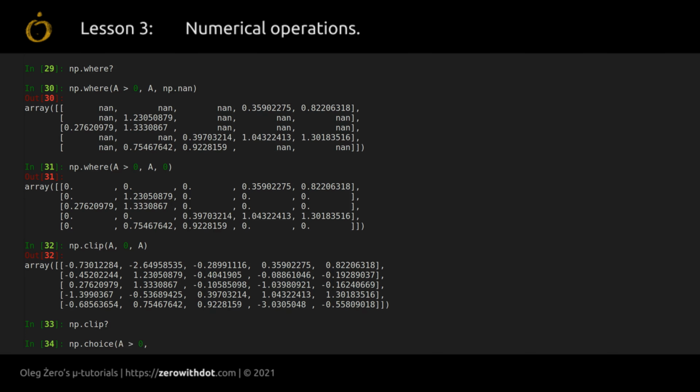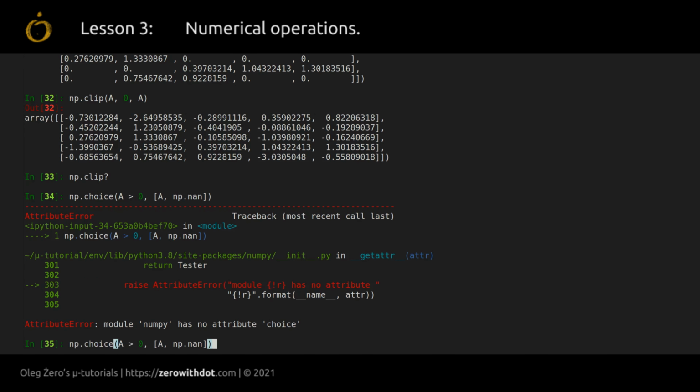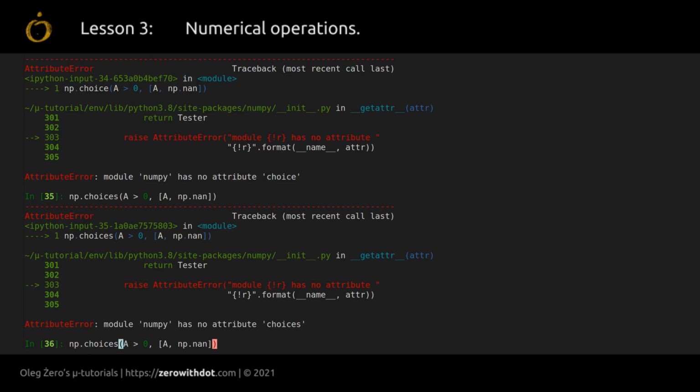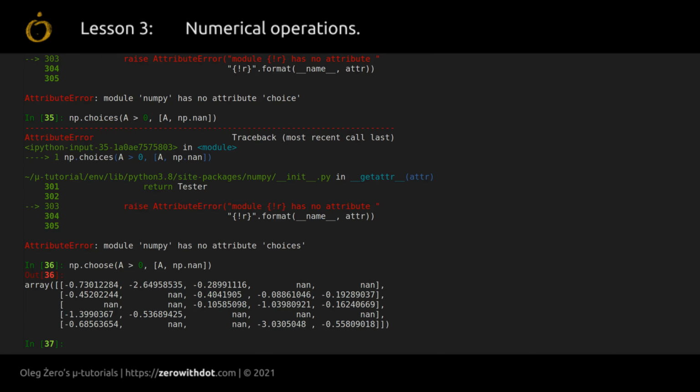First goes the condition, and then you have an array of options, what if it's true, and then what if it's false. Not choice, that will be choices, or choose, yes. Alright, and this is it for this lesson.